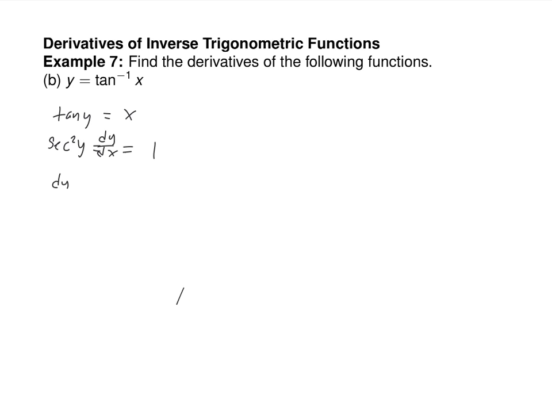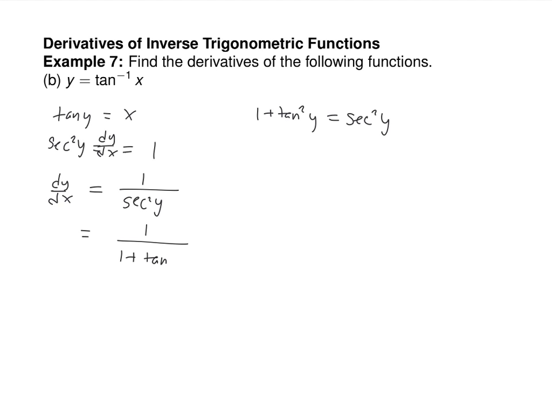And so dy dx is 1 over secant squared y. Okay. So can you change secant squared y somehow into things that involve tangents? 1 plus tangent squared y equals secant squared y. That's the second Pythagorean identity, right? So 1 over 1 plus tan squared y.